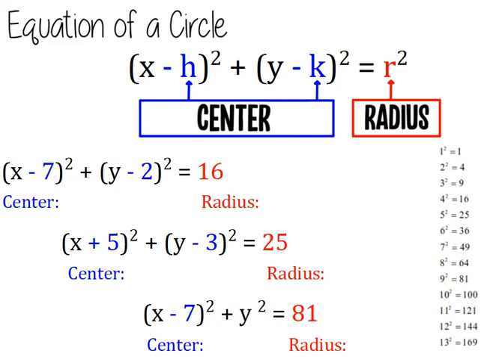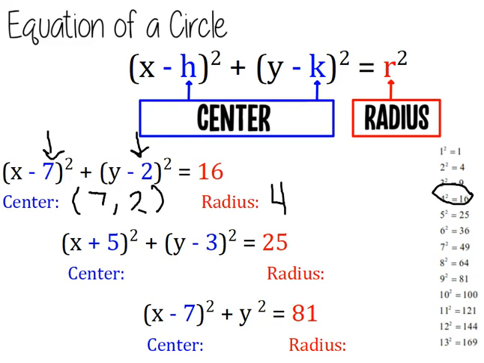My first equation says (x - 7) squared plus (y - 2) squared equals 16. The radius is easy. 16 means that my radius is 4. And my center, I'll use these numbers here, and it's going to be at (7, 2).